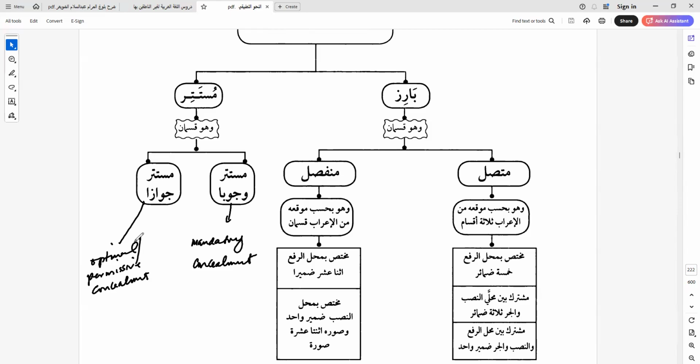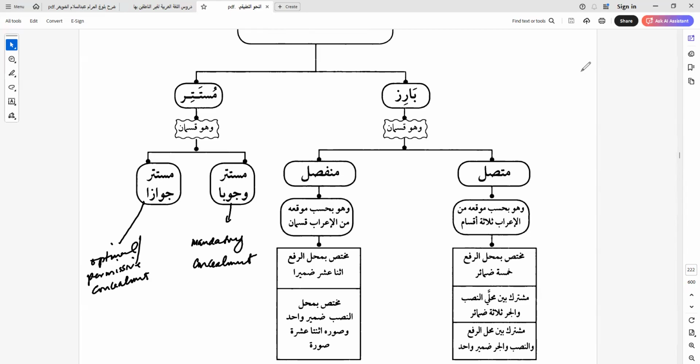With mustatir wujuban, it means that the damir must be hidden. You cannot reveal it.